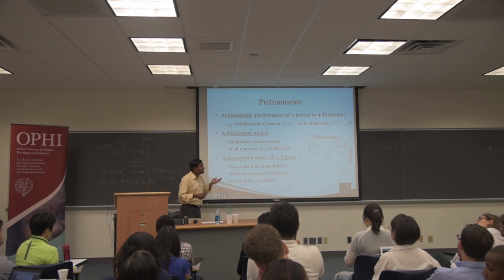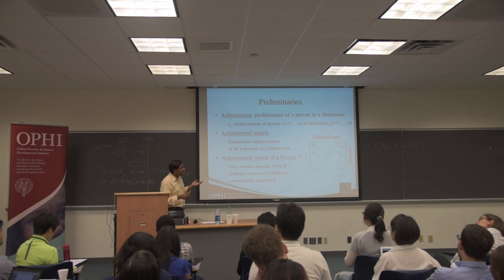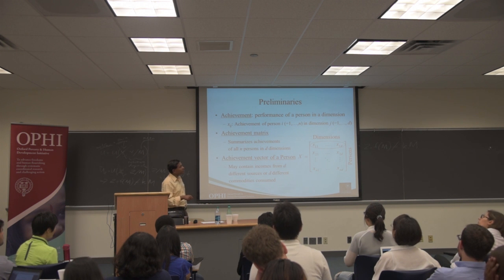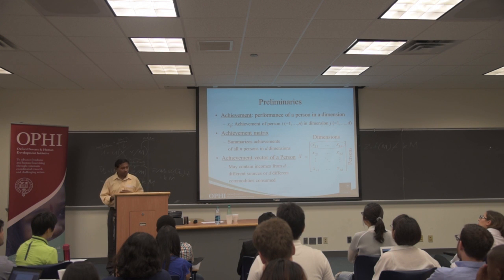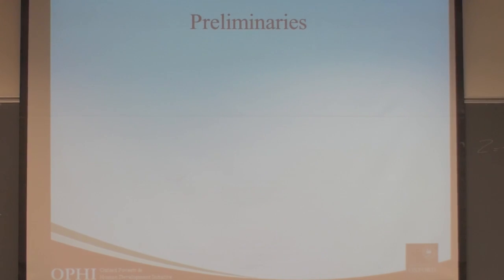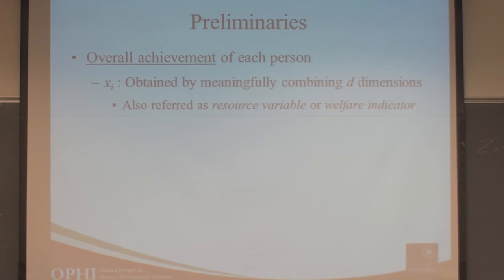If you are analyzing something else, in a multidimensional world, for example, these achievements could be income, education, health, and so on. So for the overall achievement of each person, you have this income, or you have these different commodity bundles.